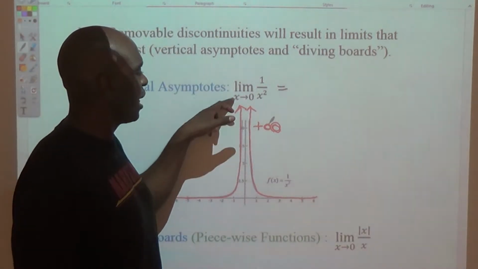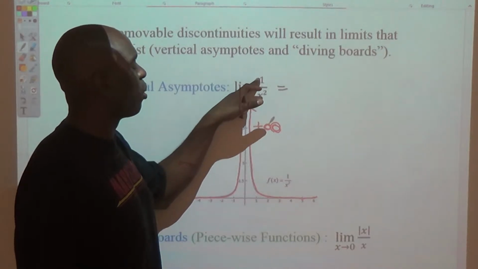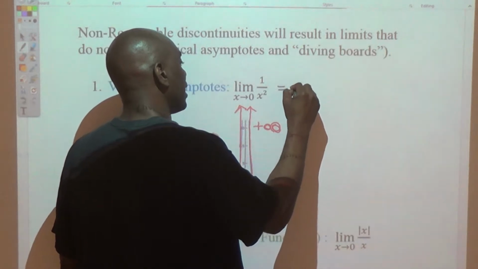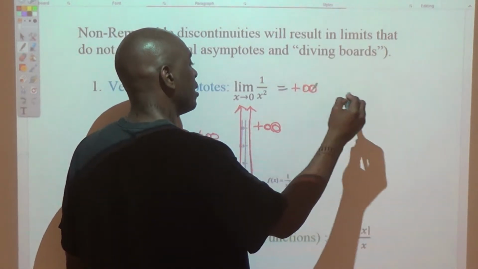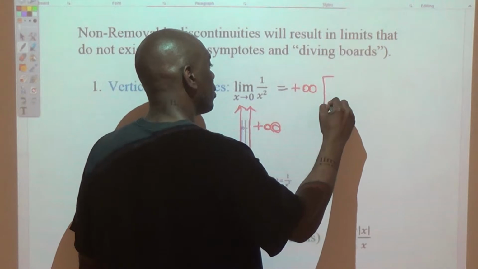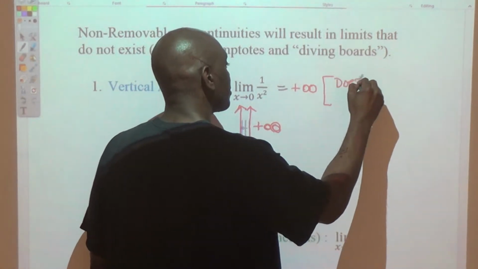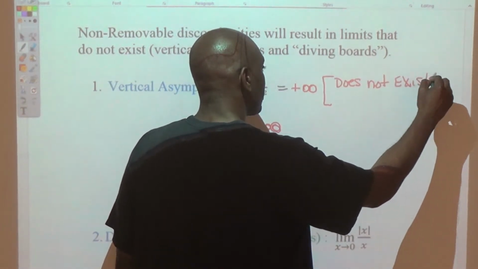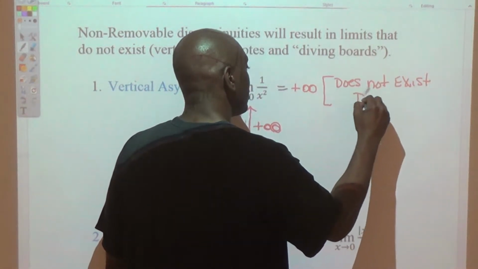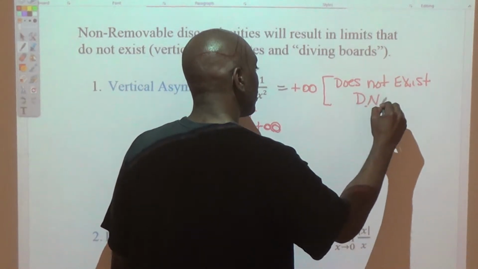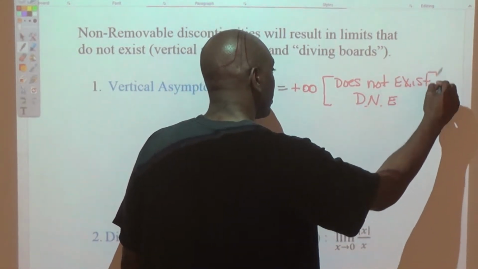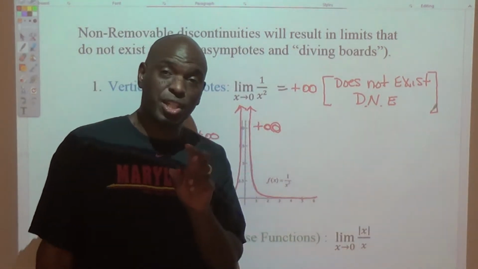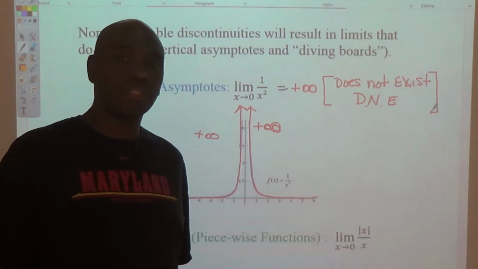And so the limit as x approaches 0 of 1 over x squared, the answer is positive infinity, which in fact means it does not exist. Simply put, DNE. It doesn't exist because you can't put a value to infinity.